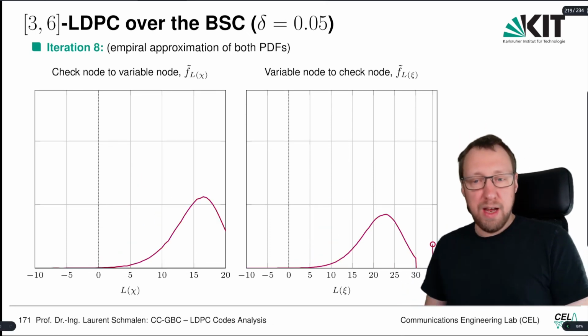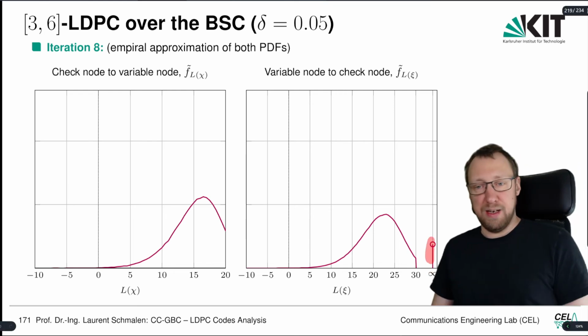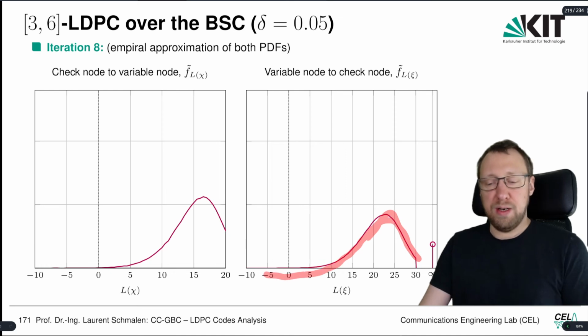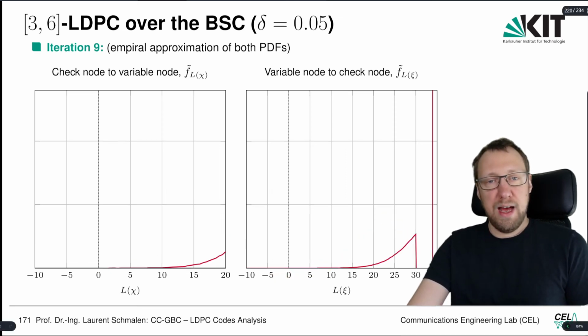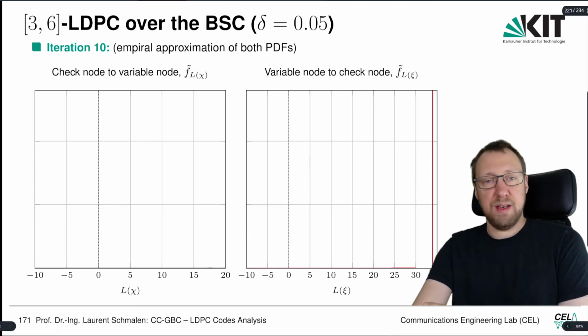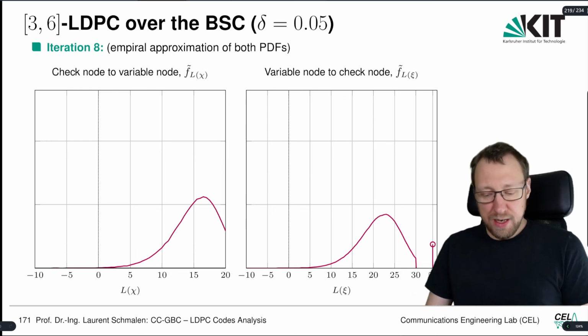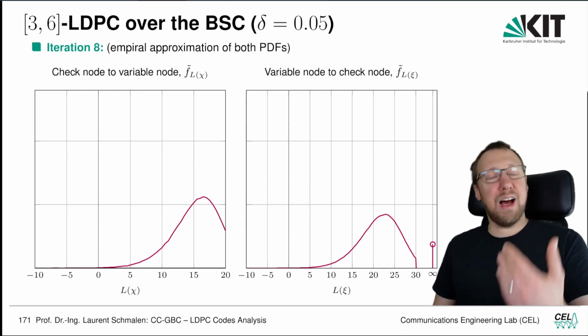Iteration 7, iteration 8, and here we start already getting a Dirac at plus infinity, but you see the message approaches a pretty nice Gaussian already. And after 9 iterations, we have converged. So this is the empirical approximation, and we see this Gaussian approximation still holds, at least after a few iterations.